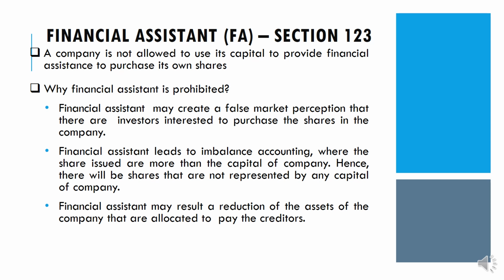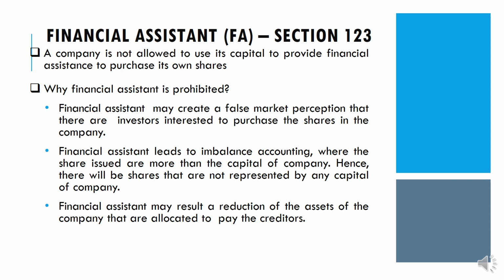So there is an imbalance. For simple things like this I can see it, but if it is more complex, definitely I need your advice. Hence, there will be shares that are not represented by any capital of the company. 200 shares are supposed to be 200,000, but the company only has 100,000.